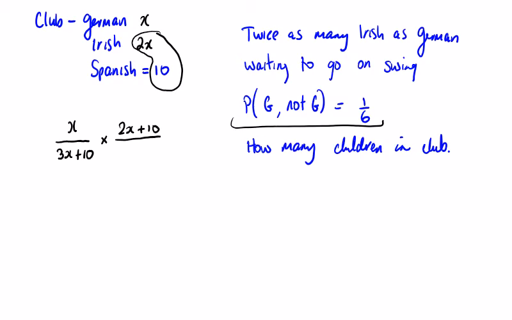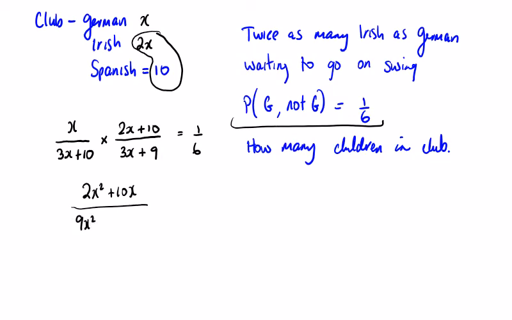And how many students are left? Well, there was 3x plus 10 to begin with, but they chose one, so it's going to be 3x plus 9. So this just looks like we're going to get a quadratic. That's equal to 1/6. So let's simplify the top to get 2x squared plus 10x. And the bottom is 3x plus 10 by 3x plus 9.